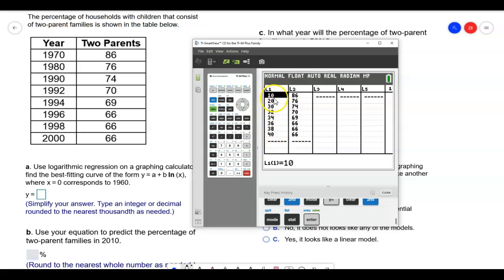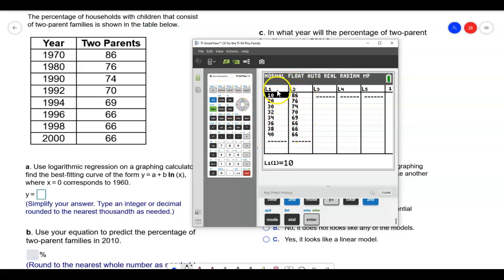That's your L1 list. And your L2 list, which is your dependent variables, is just these values here: 86, 76, 74, 70, 69, 66, 66, 66. So just make sure those are all in your L1 and your L2.